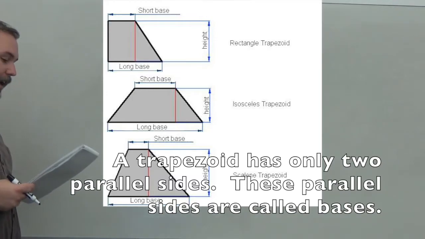And these parallel sides are what we call the bases. No matter what it looks like, a trapezoid will always have only 2 parallel sides. The other remaining sides can be going whatever direction they want. As long as 2 sides are parallel, you've got a trapezoid.